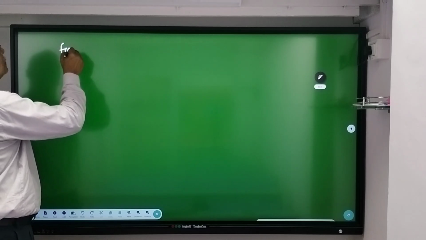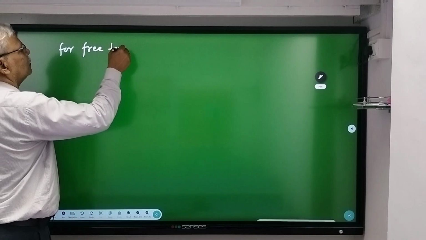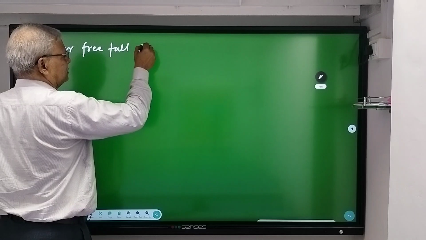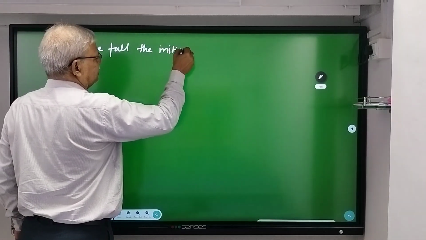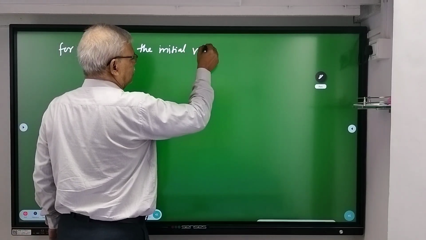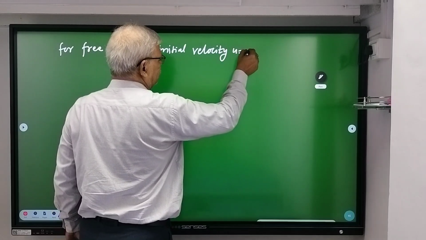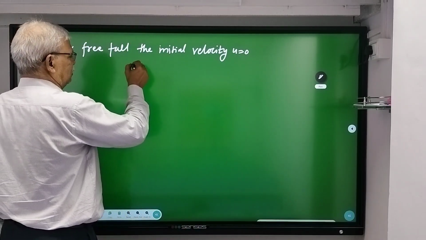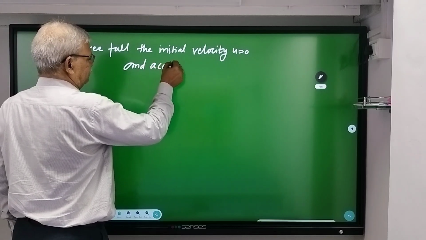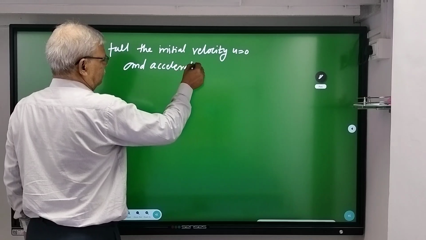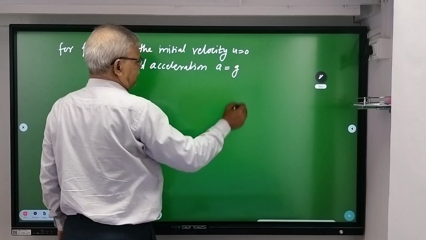For free fall, the initial velocity u is equal to 0 and acceleration a is equal to g.